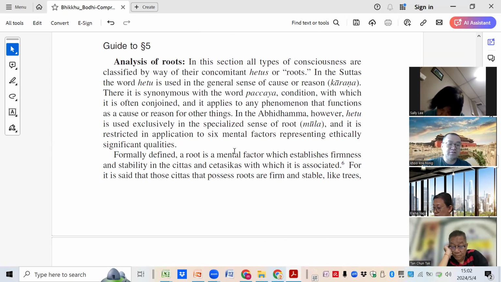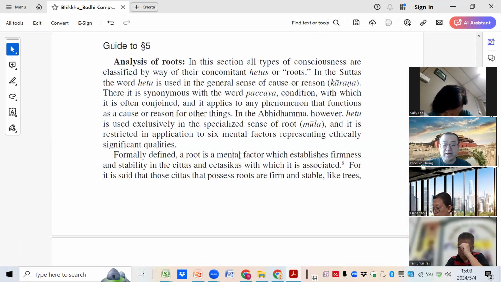In the suttas, the word hetu is used in the general sense of cause or reason, karana. There it is synonymous with the word paccaya, condition, with which it is often conjoined, and it applies to any phenomenon that functions as a cause or reason for other things.